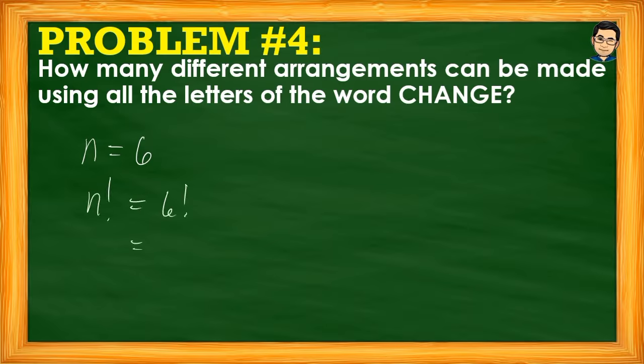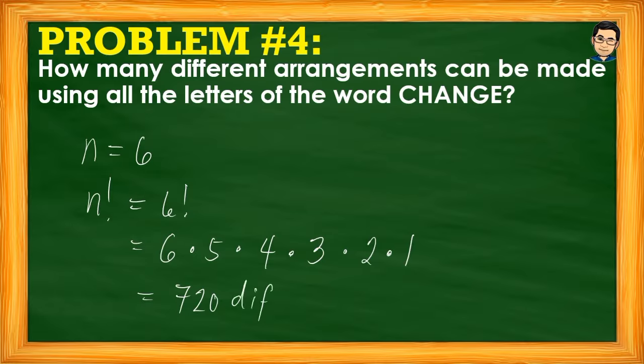So, that is 6 times 5 times 4 times 3 times 2 times 1, and that is equal to 720 different arrangements. So, yan po ang bilang ng arrangements na tinatanong dun sa word na change.